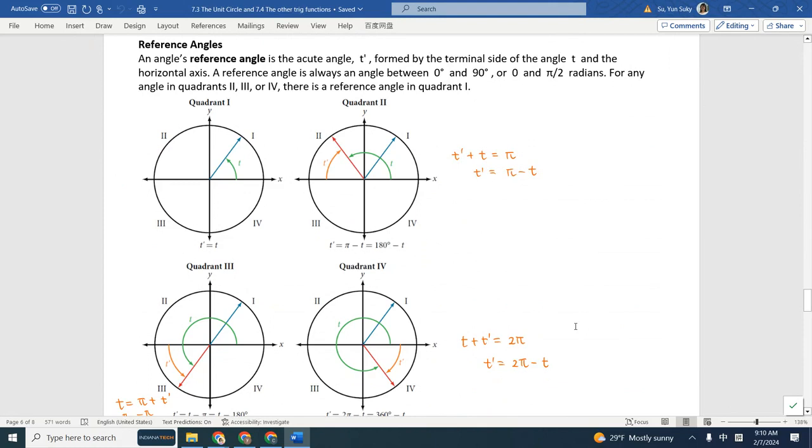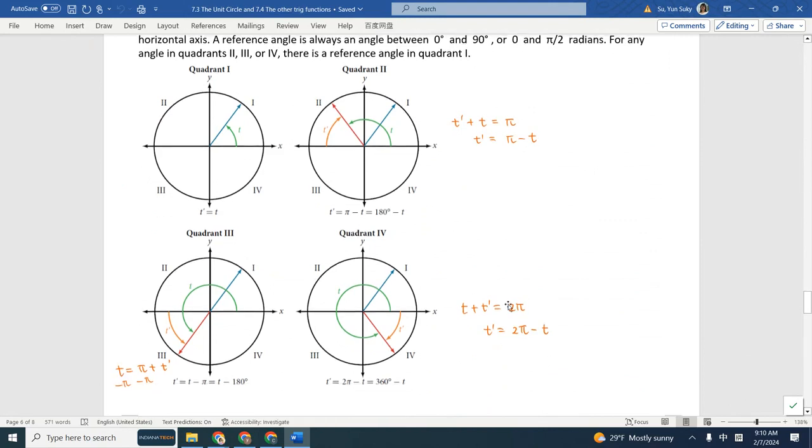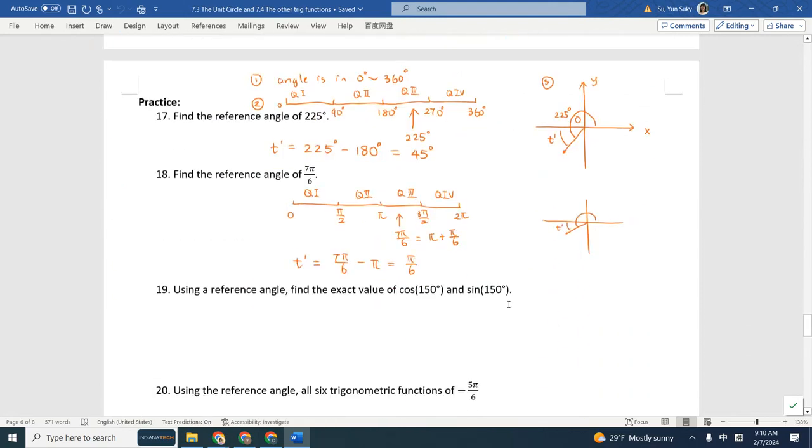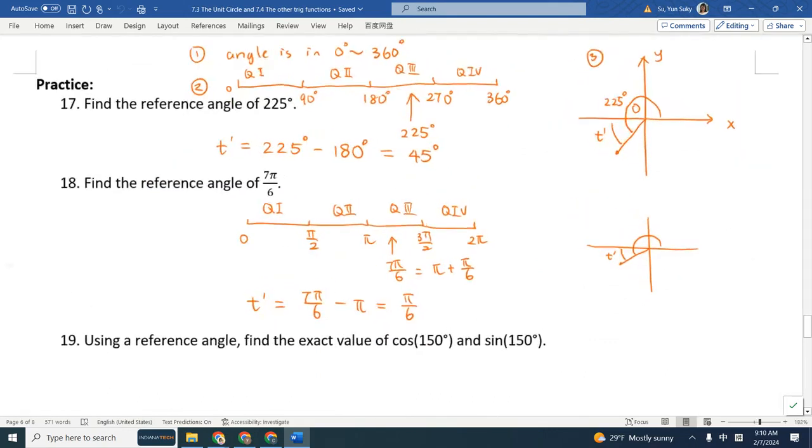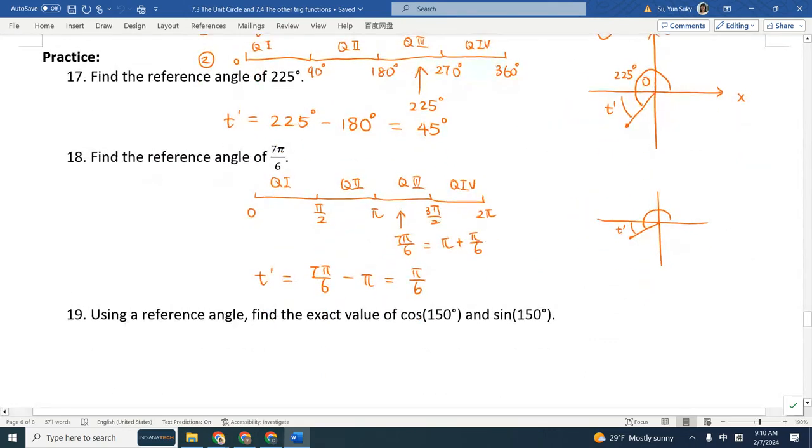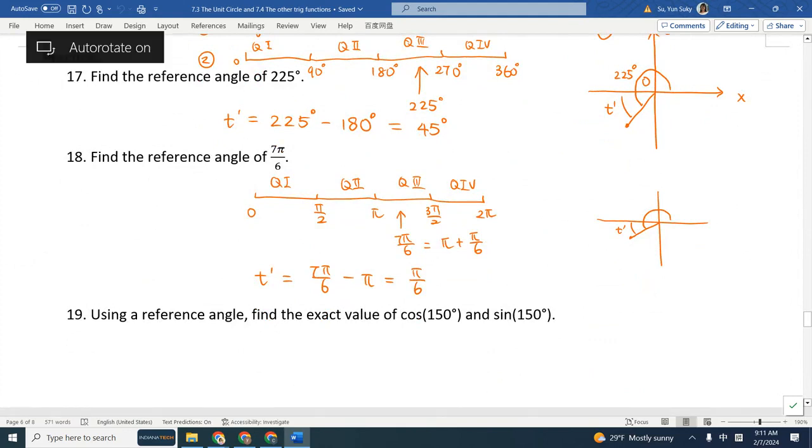You see T plus T prime is the full circle, 2 pi. Okay, everybody? So draw the picture, then we can find the relation. So math is finding the pattern. Okay, everything has a pattern.